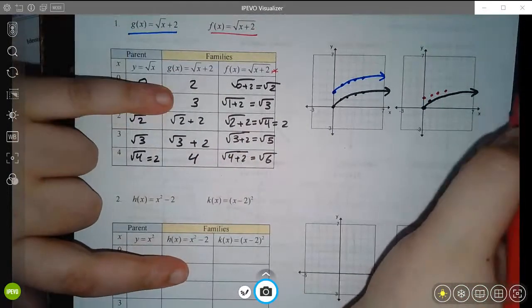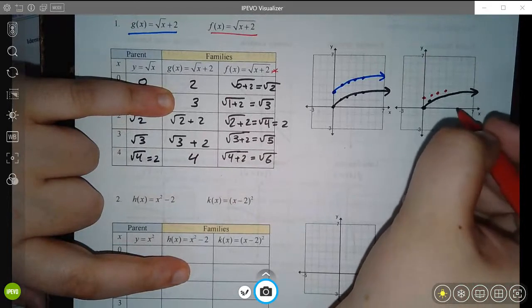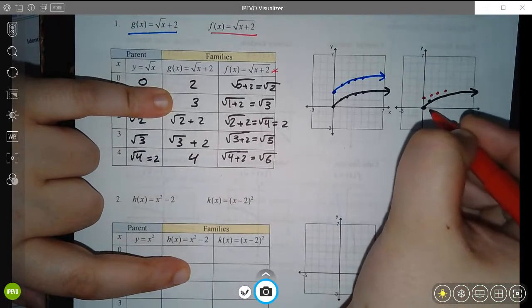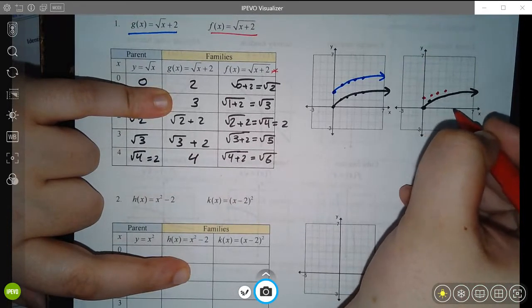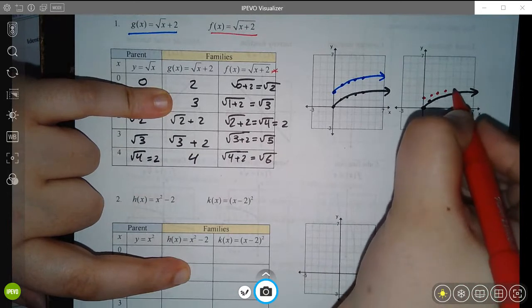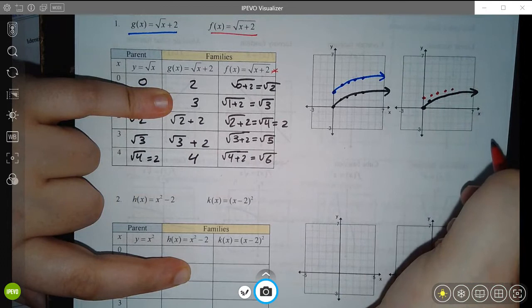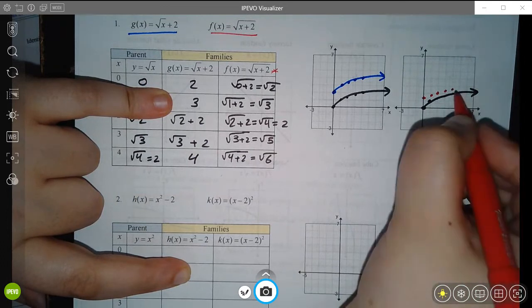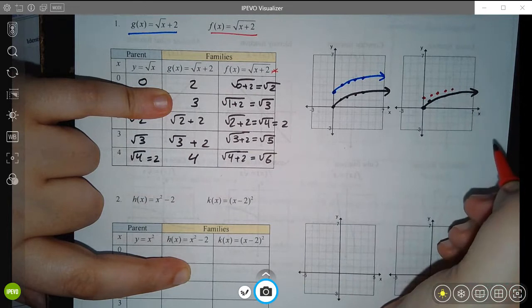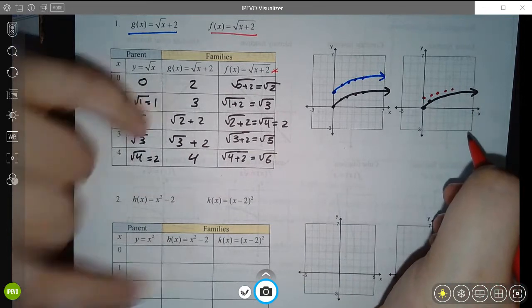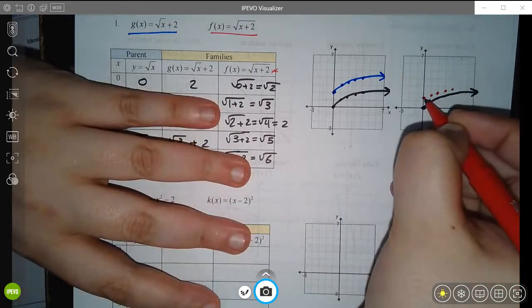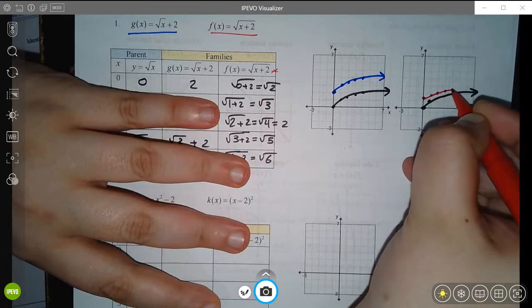No, root of 6 is like 2.4, 5, 1, 2, 3, 4. So right here, and then about the halfway point between 1 and 2 for the y. There. See that? That red line? Okay. That means the function looks like this.